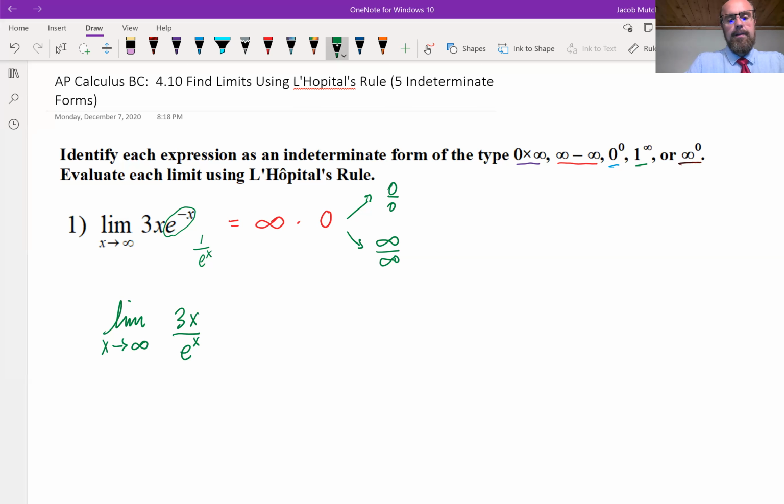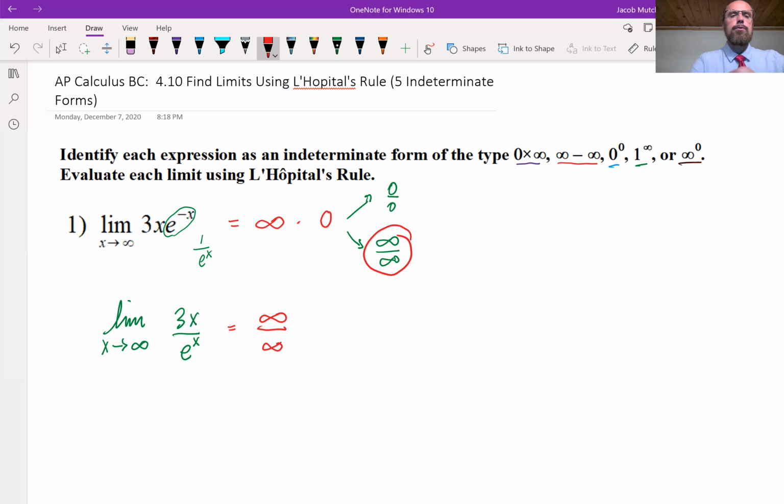And if I then apply direct substitution again, what I have is 3 times infinity, which is a version of infinity, over e to the power of infinity, which is also infinity. And that's now one of my 2 major eligible L'Hopital's rule forms.